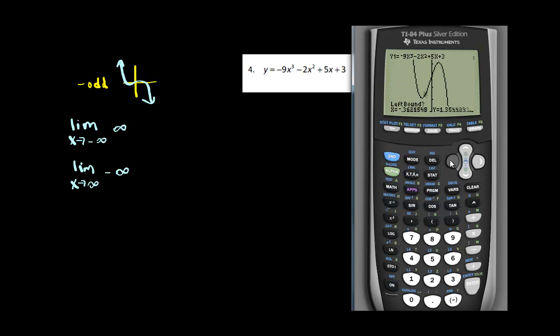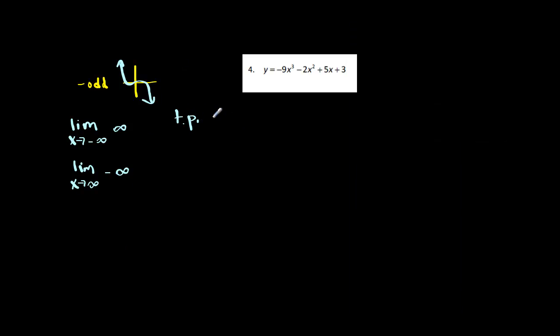Move to the left part of it, then to the right. So negative 0.51, comma 1.12. Let's write that down. So for the turning points, negative 0.51, comma 1.12.